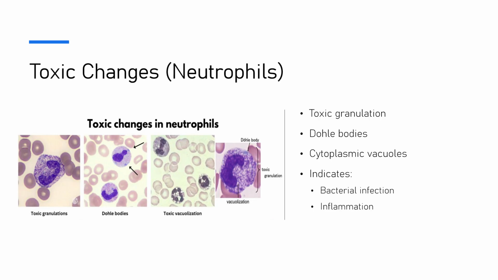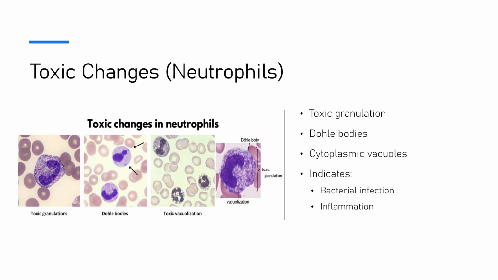Next are Döhle bodies. These appear as small, pale blue inclusions in the cytoplasm, usually near the cell membrane. They represent remnants of rough endoplasmic reticulum and are often seen during inflammatory states. Another feature you may see is cytoplasmic vacuolization, which looks like clear holes or bubbles within the cytoplasm. These vacuoles can represent active phagocytosis or cellular stress.